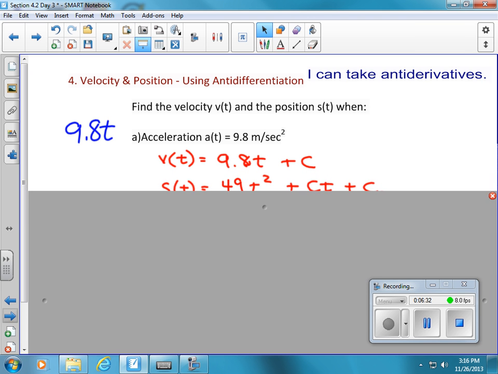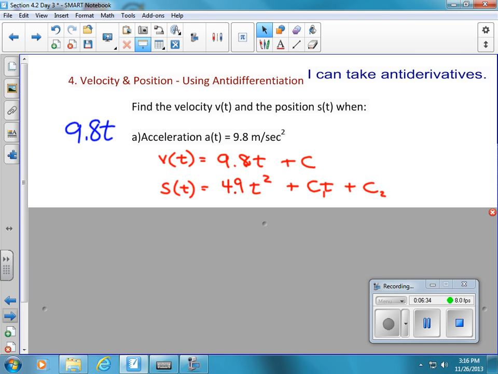Then what happens when we want to find the position? We have to actually divide by 2 and add an exponent. It's the opposite of the power rule.